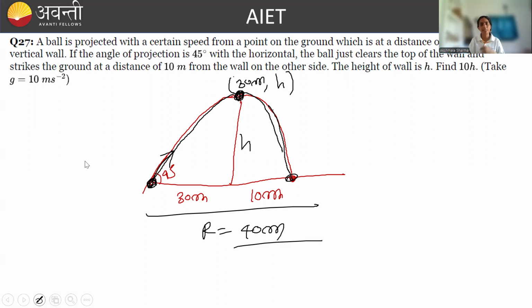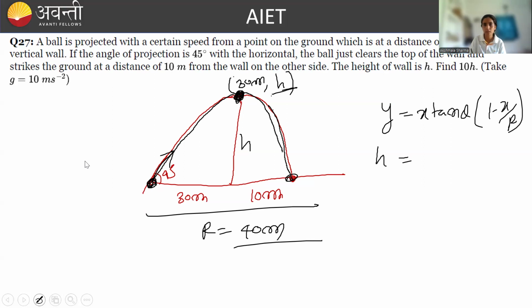How to solve this question? Equation of trajectory we can use. एक lengthy equation होता है जिसको नहीं use करते हम mostly for solving questions. जो easy question है, easy equation है, वो ये है, y is equal to x tan theta into 1 minus x by R. ठीक है? So y का वैल्यू यहाँ पे इस पॉइंट पे हम इस इक्वेशन को लगा कर देखते हैं. So y का वैल्यू पुट करो, h है, x का वैल्यू 30 है, theta here is the angle of projection, so tan 45 is 1, minus 30 by R, that is 40.